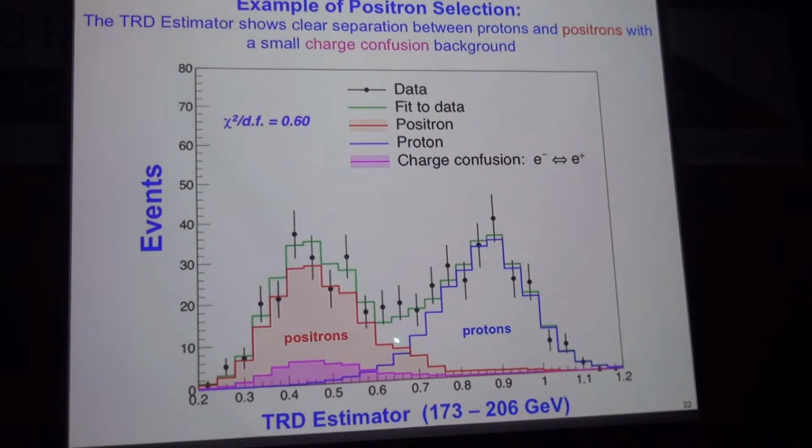This orange part is the positron distribution. These are the templates, and we fit the data with these 2 templates and determine how many positrons and how many protons there are, and also a small amount of charge confusion from electrons. With this template fit, we determine the number of positrons in different energy ranges.